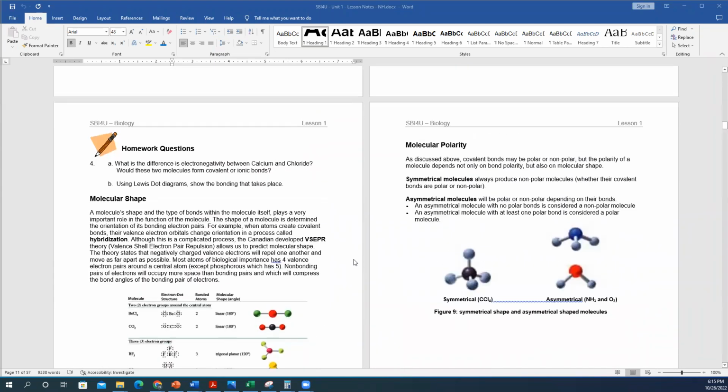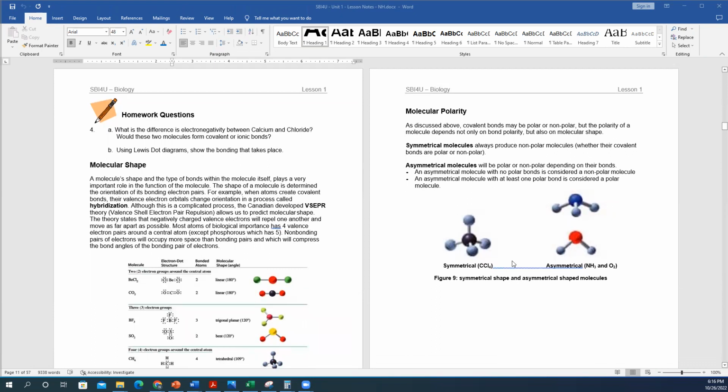Right, we talked now about polarity of the molecule overall. And we discussed that whether the bonds are polar or not polar, anytime you have a symmetrical molecule, because everything is symmetrical and everything is equivalent, they always produce non-polar molecules, whether or not the bonds between their atoms are of a polar nature or a non-polar nature.